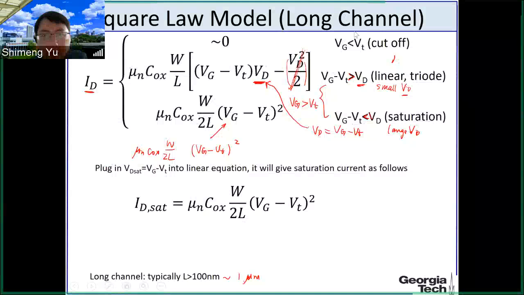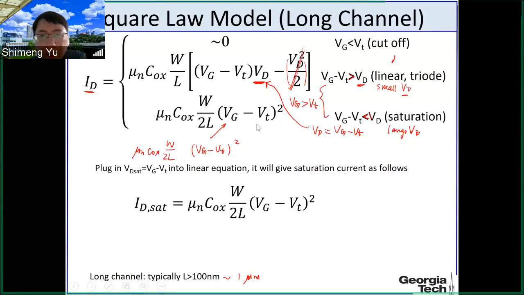For this N-channel transistor, the ideal square law model predicts the drain current is now proportional to (Vg minus Vt) squared, and is independent of Vd because it becomes saturated.